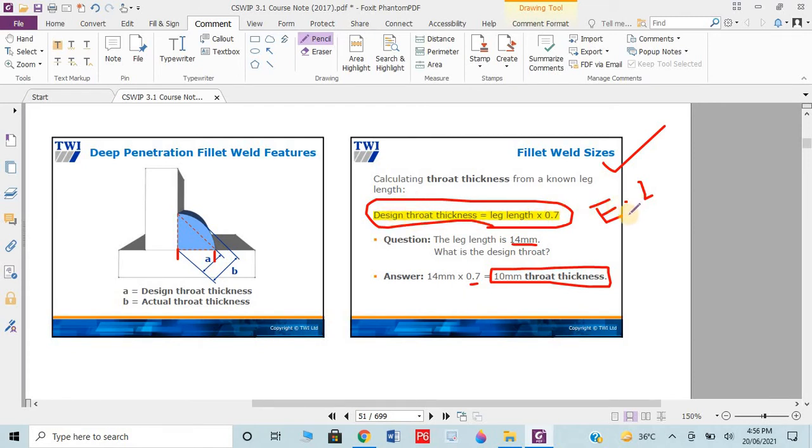After the design throat thickness, simply plus 2 millimeter. Then you can see 10 plus 2 is equal to 12. I believe this is okay for you, and this is a very important question. Both kinds of question are normally part of the final exam.